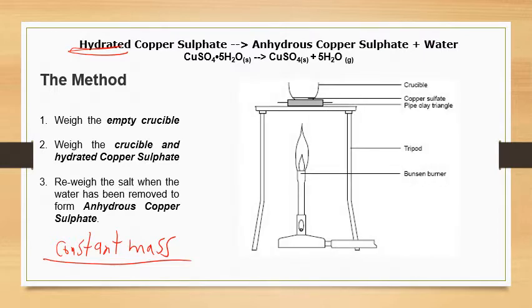You know that because you weigh it and you get a constant mass, which means no water can come off. Then you weigh it again to see the mass of the anhydrous copper sulfate. So now you have the mass of the anhydrous copper sulfate and the mass of the hydrated copper sulfate, and by difference you can work out the amount of water that has been removed.